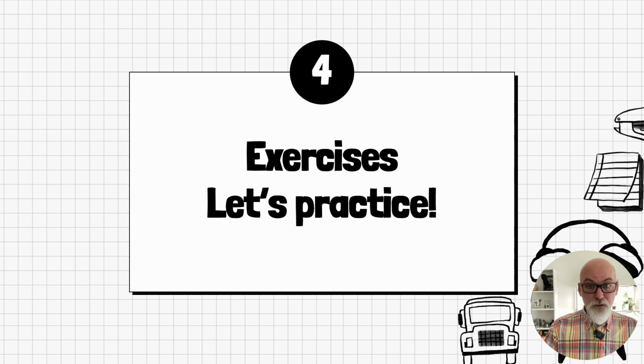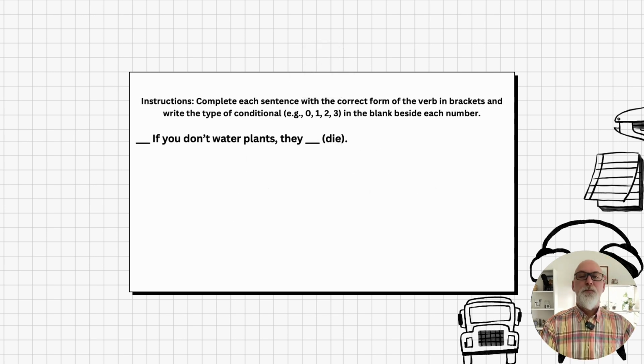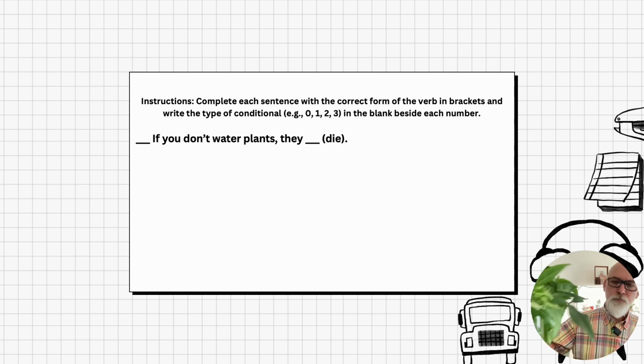Let's look at some exercises for practice. Complete each sentence with the correct form of the verb in brackets and write the type of conditional in the blank beside each number. All right, let's look at number 1. There's a plant.